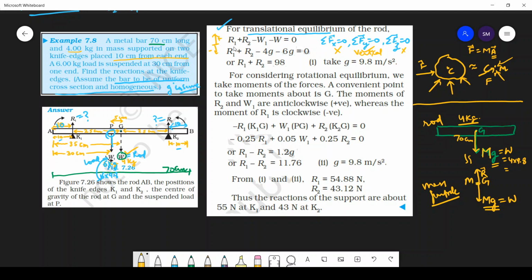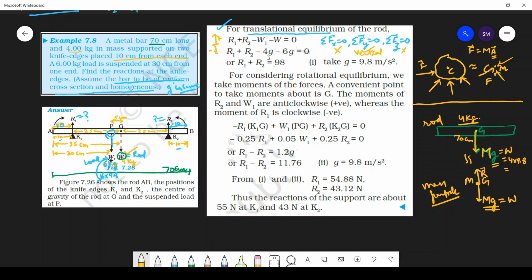So R1 plus R2. And what are the downward forces? This load is being pulled by the earth by the force W1, and the rod is being pulled by the earth with the weight W. So these are the two downward forces, one weight of the load and one weight of the rod. So the net is 0.